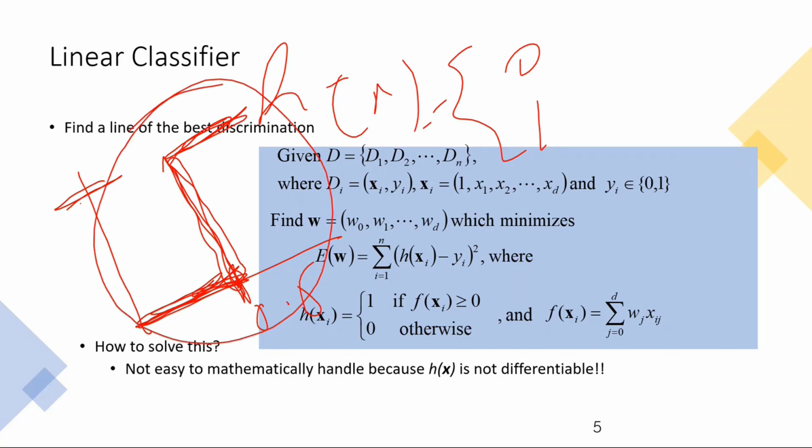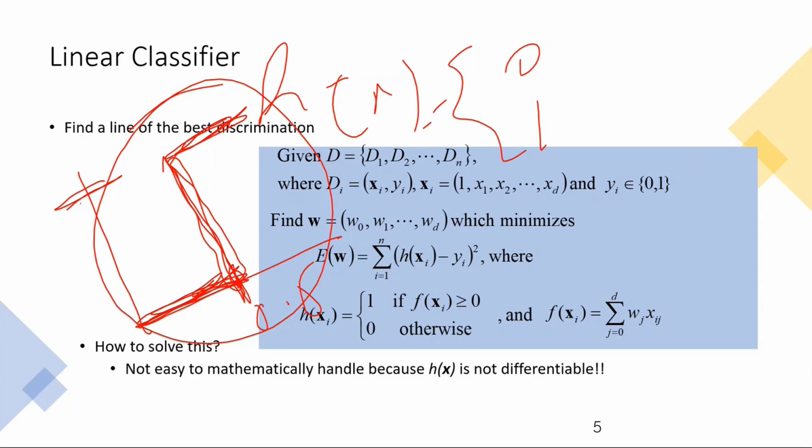You cannot find the derivative of this function. So that's why it is not possible to solve this equation like linear regression. You need to find another way to solve this problem. This is the main problem of a linear classifier when you classify two different instances.